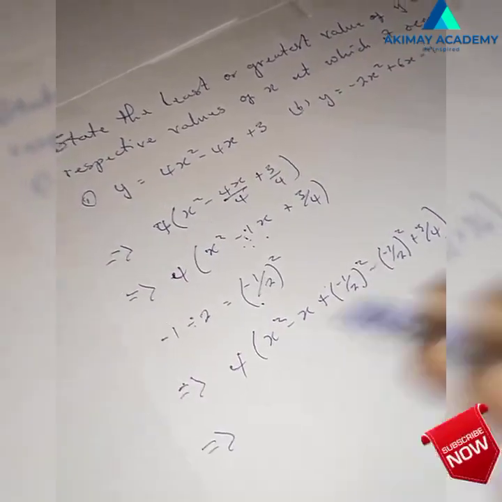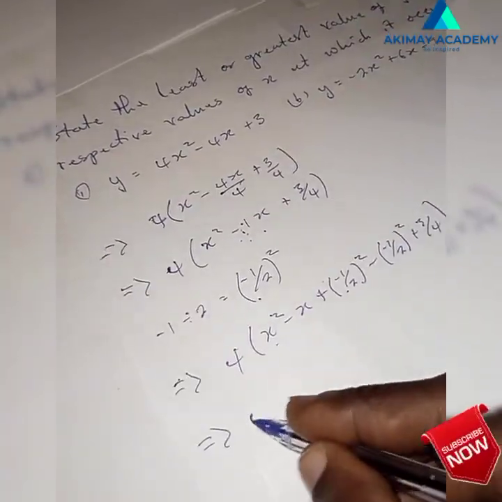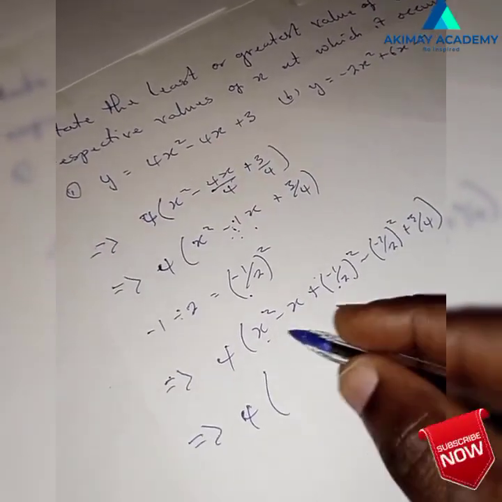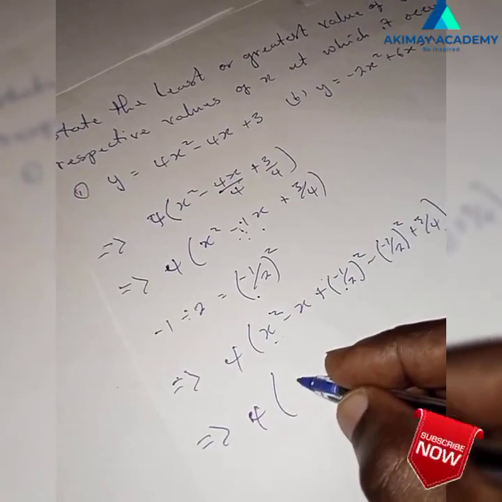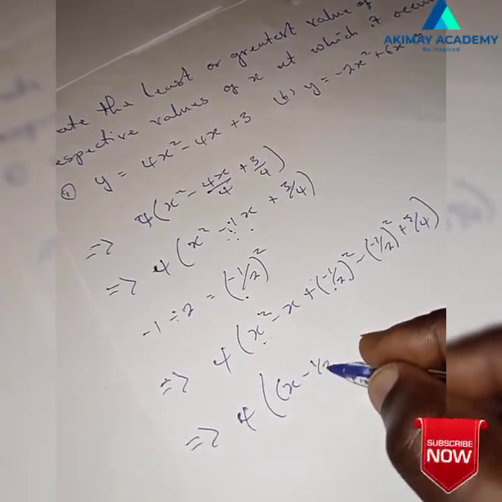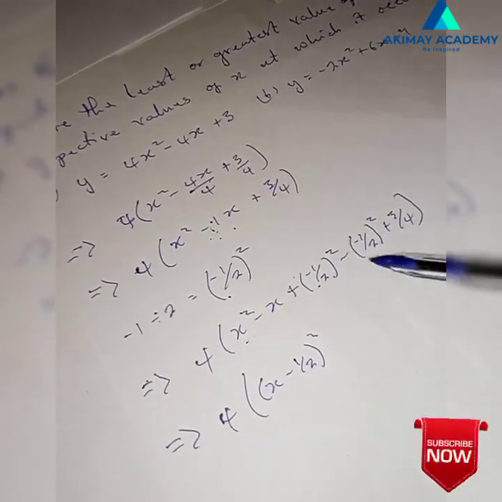At this point, we can compress these three terms. They are a perfect trinomial square, so we can compress them and have x minus 1 out of 2 all squared. Then we simplify the remaining terms.